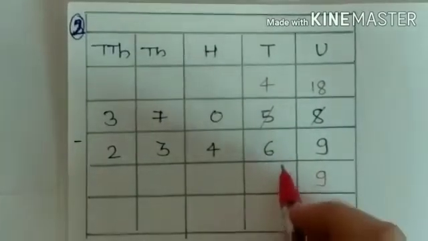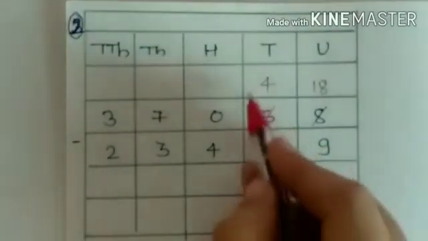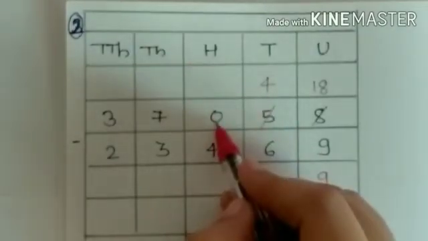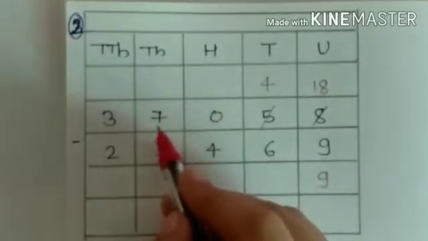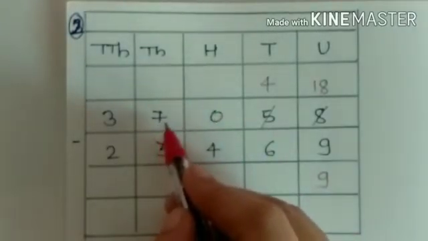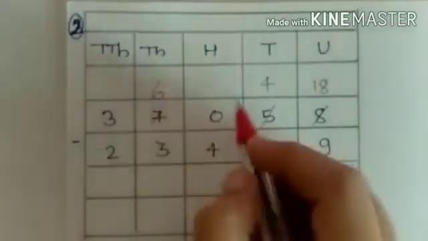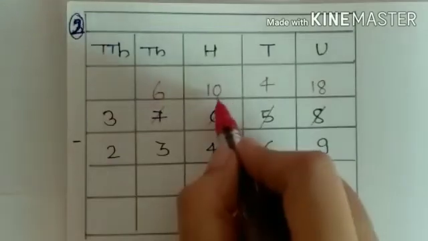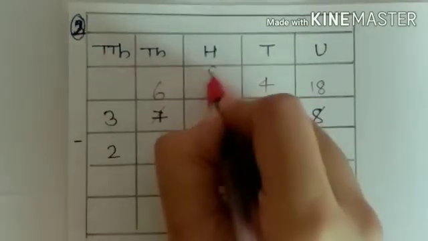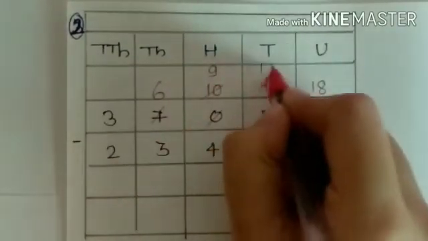Now in the tens place, 6 is more than 4. So again we need to borrow 1 from the hundreds. If there is no number in the hundreds place, we will borrow 1 from the thousands place. In the thousands place, 7 becomes 6 and in the hundreds place, 0 becomes 10. Now we will borrow from hundreds. So 10 becomes 9 hundreds and 4 becomes 14.